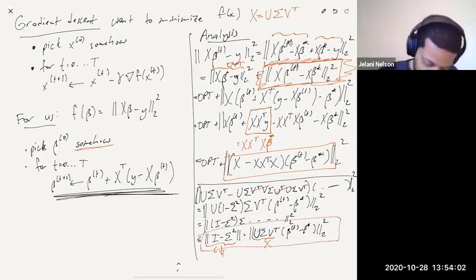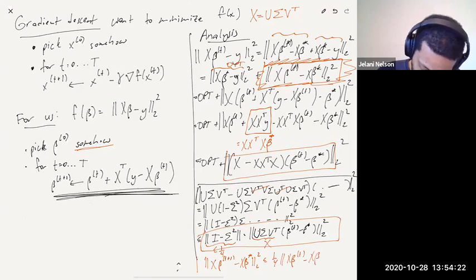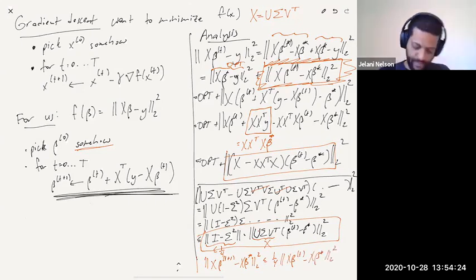What I've shown is that ||x beta_{t+1} - x beta*||_2^2 is at most a quarter times ||x beta_t - x beta*||_2^2. So every iteration, this thing is decaying exponentially.